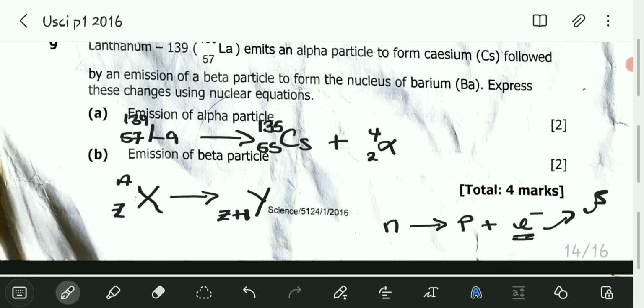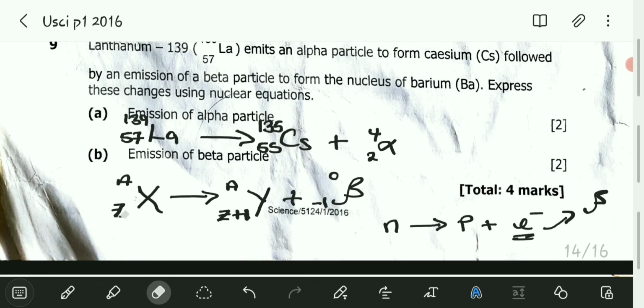The number of protons would have increased, but the number of neutrons would have reduced, and the total number of particles in the nucleus stays the same. Therefore, the mass number will remain the same. This is accompanied by the emission of a beta particle with a -1 and a mass of 0. Having this in mind, we can now tackle our question.